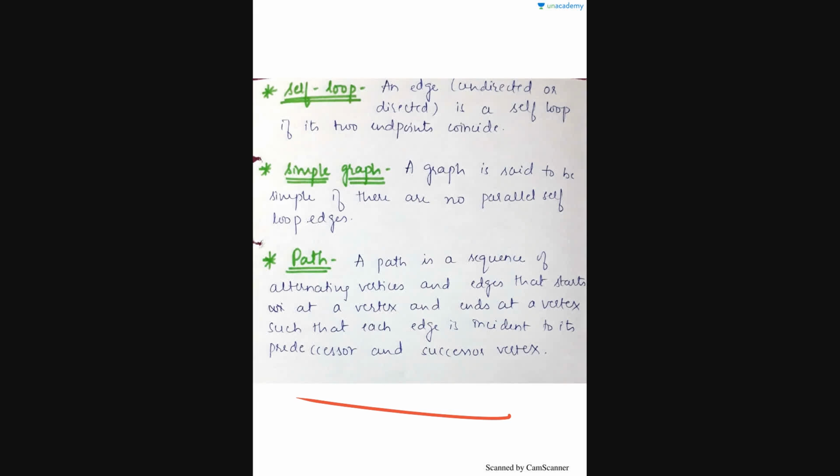Then graph terminologies like vertex, edge, then types of graphs like undirected, directed, mixed graph, then types of edges, directed edge, undirected edge and weighted edge. Then we had self loop, simple graph, path, and many such things. So these are all the terminologies which we in general use in graphs.